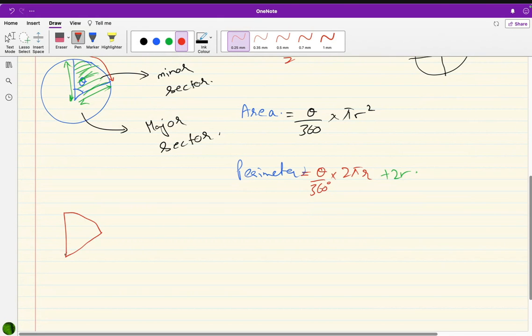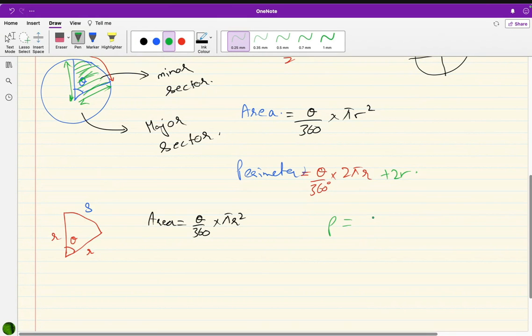Now we'll be dealing with this sector, whatever the angle is. This is radius, this is radius. Symbol for arc length is usually S. So area is equal to angle by 360 into pi r square.